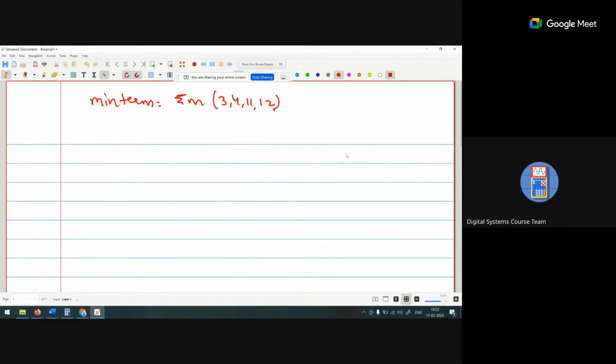This sigma m is equal to pi m 0, 1, 2, 5, 6, 7, 8, 9, 10, 13, 14, and 15. Now, can we draw it in a K-map?